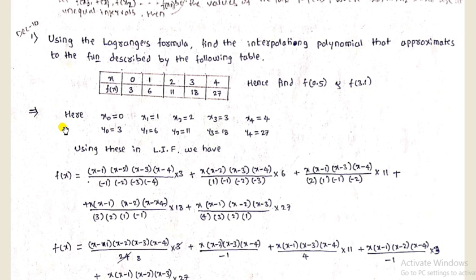Solution. Here we consider the x values as x0, x1, x2, x3 up to x4, and the f of x values as y0, y1, y2, y3 and y4. Now we have to use these values in Lagrange's formula.